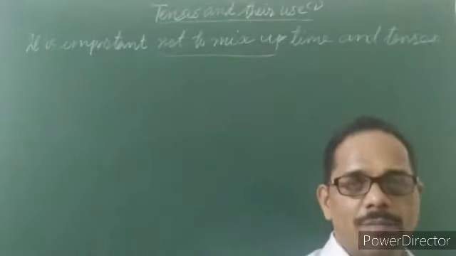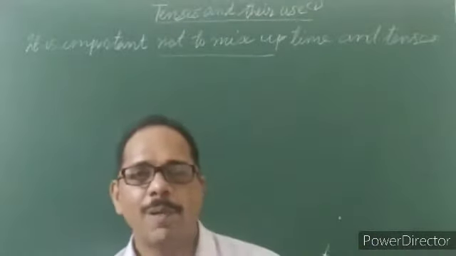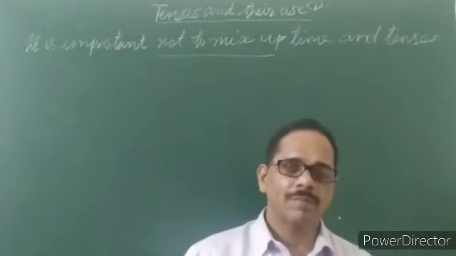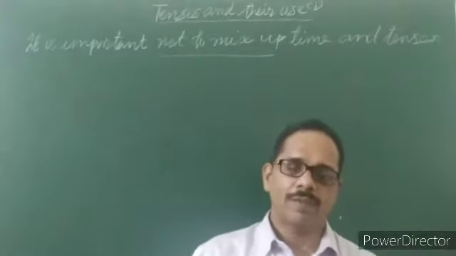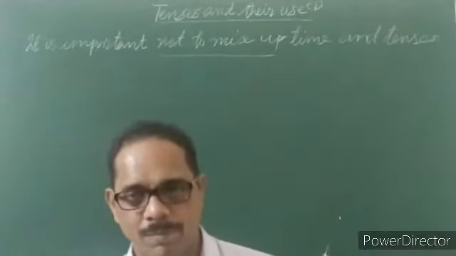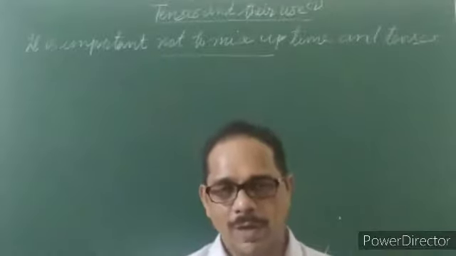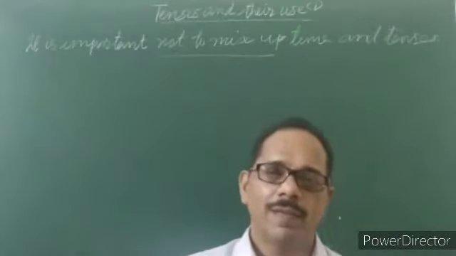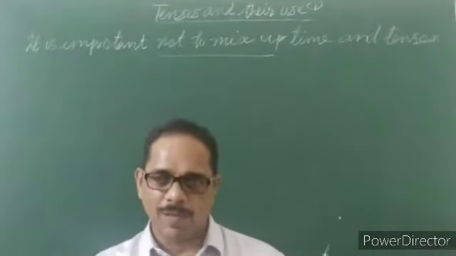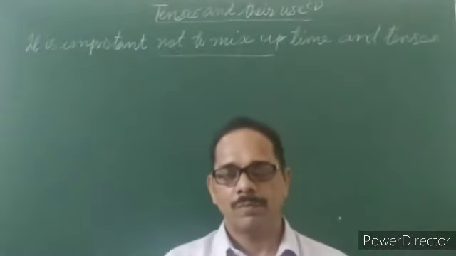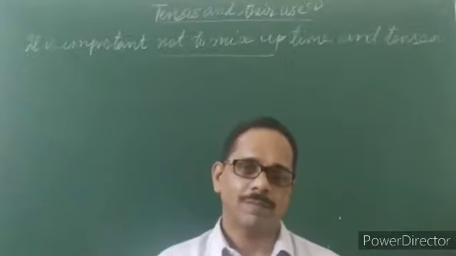What does it mean? Normally we say tenses are to do with time. If the action has already taken place, we say it's in the past tense. If the action is taking place just now, then it's present tense.